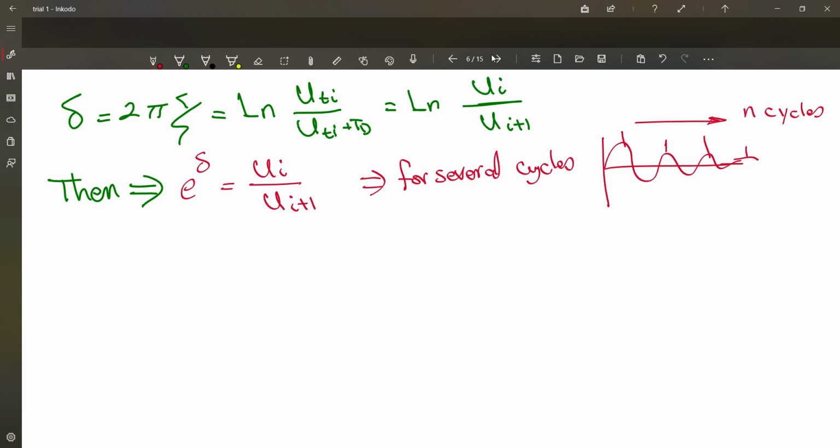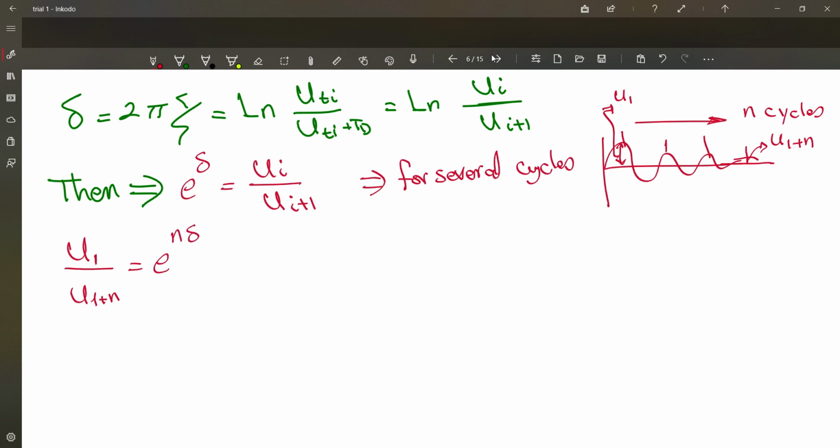In this case, we are going to say that this ui over u, or let's assume it is u1 here. Okay, let's erase this part. So we can say that the first amplitude, which is u1, to the last amplitude, after n cycles, which is going to be u1 plus n, is going to equal e to n sigma, right?